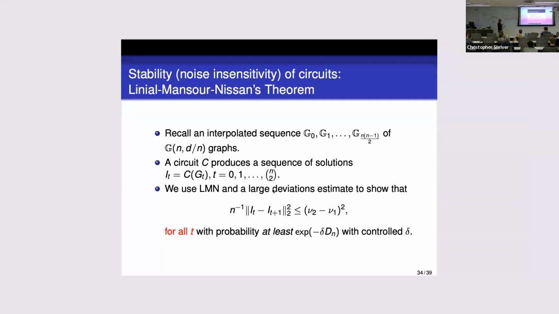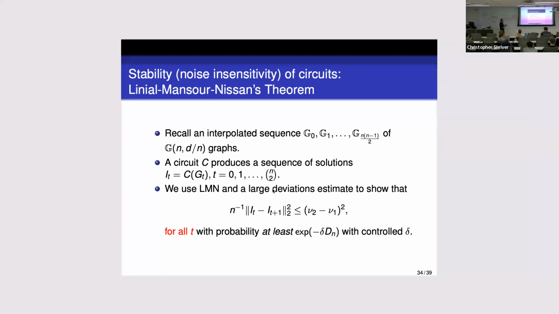What we know, as I said earlier, is that in expectation this difference, which I wrote as an L2 norm difference but you can think of as Hamming distance, doesn't change anything. In expectation, this quantity is small, appropriately normalized. In particular, it will be smaller than some constant from the OGP. So in expectation we have that, but we need it for all steps.